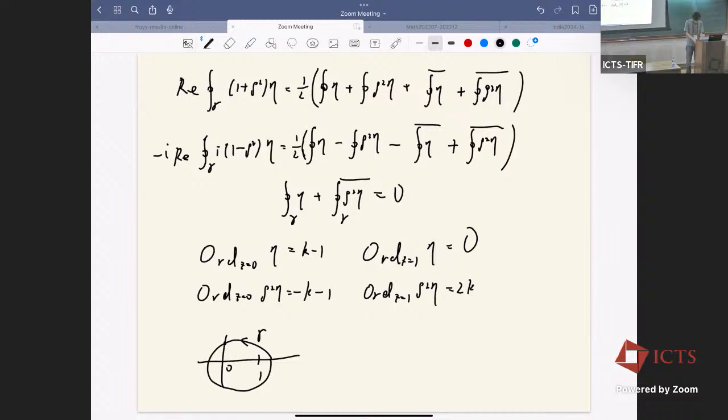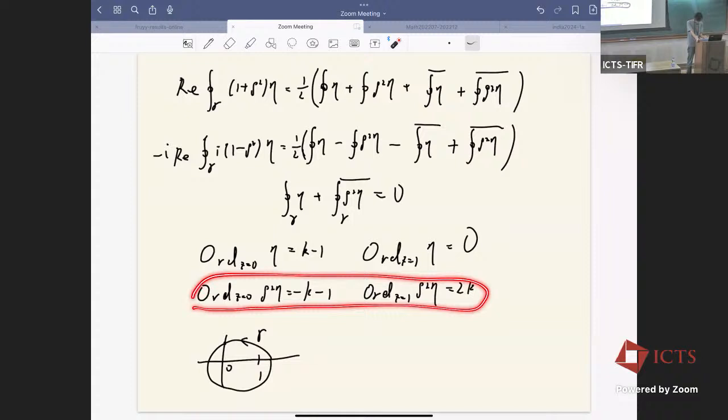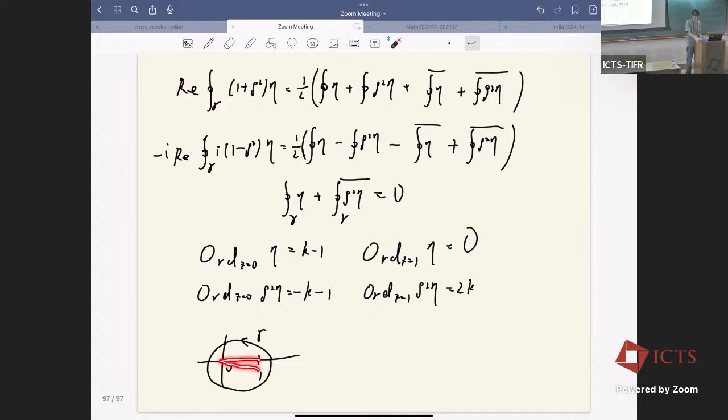So it is easy for eta, because eta has no poles on these lines, so we can collapse gamma this way, and then we can evaluate. But it has a problem, yeah. Because g squared eta has a pole at z equal to 0, if we want to collapse, then the integral diverges. So we cannot evaluate.